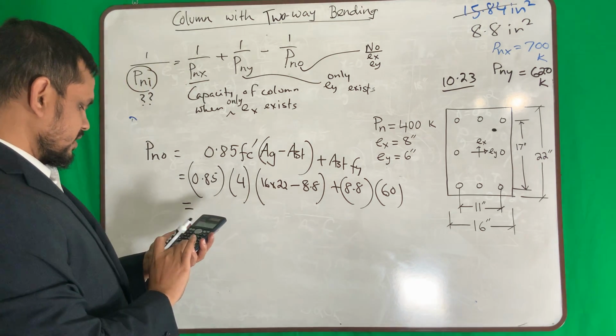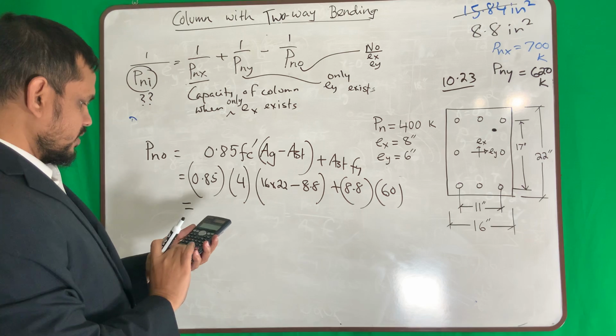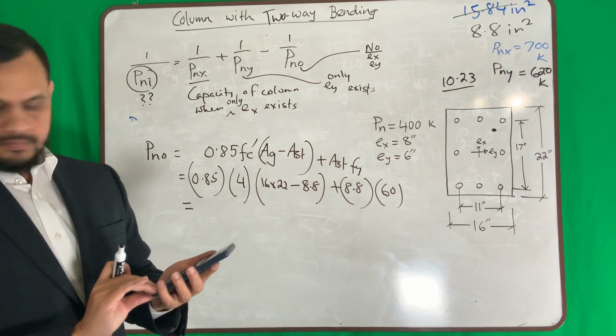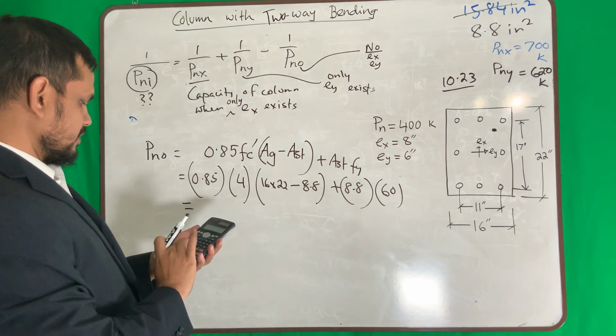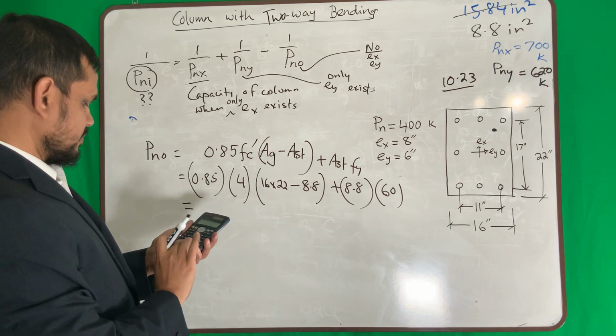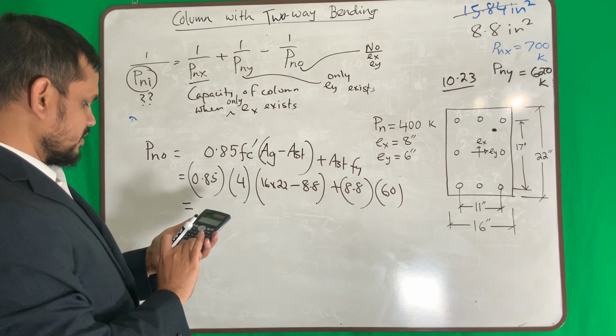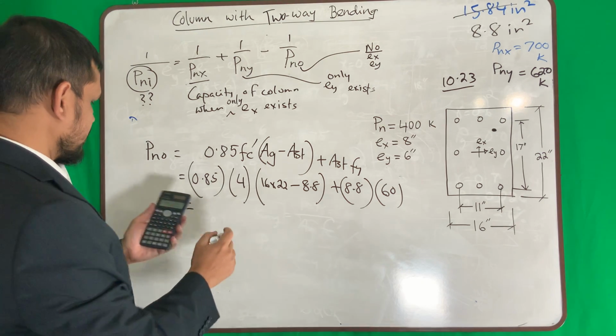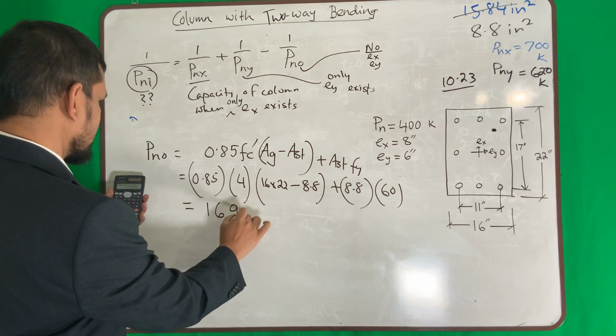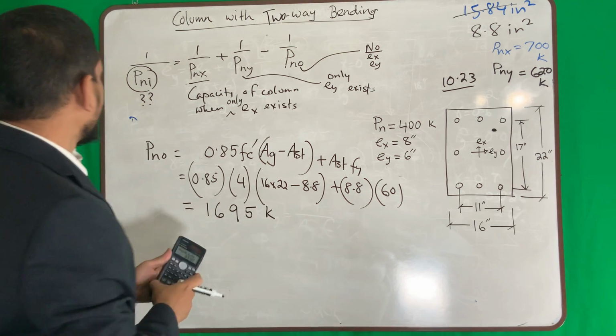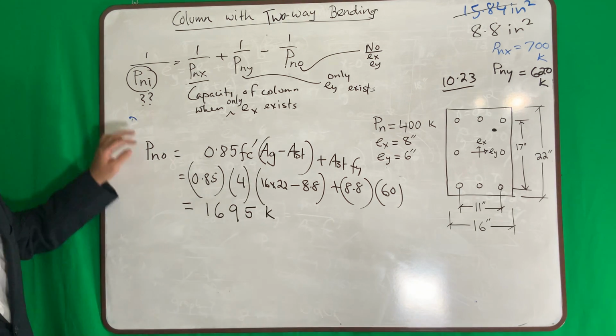So 16 times 22 minus 8.8 times 4 times 0.85 plus 8.8 times 60. I got 1695 kip.